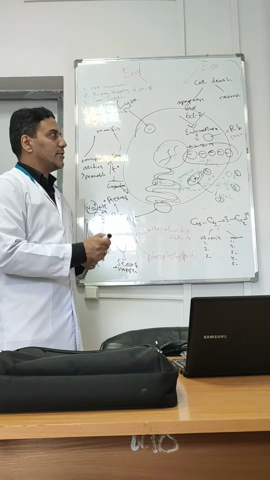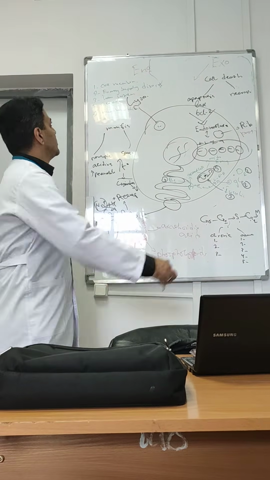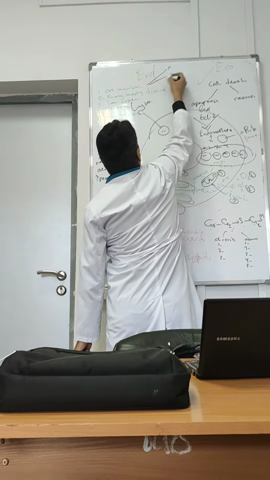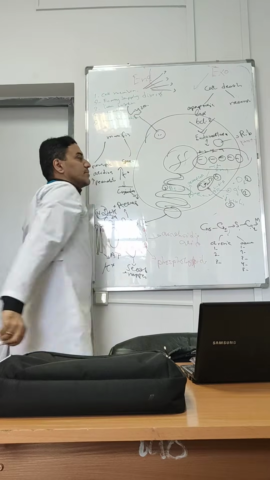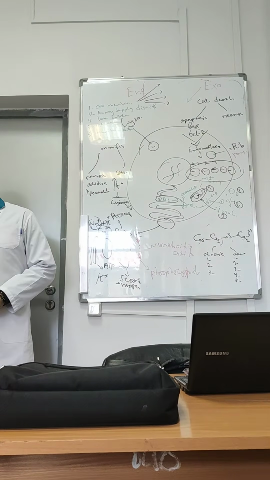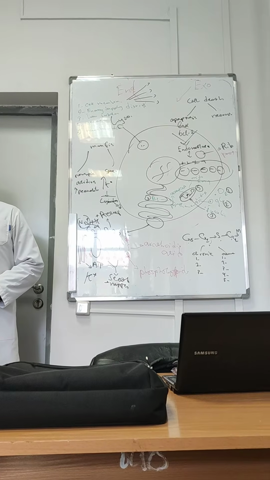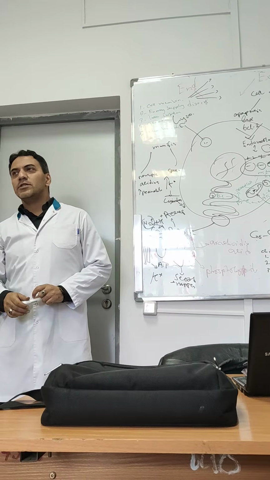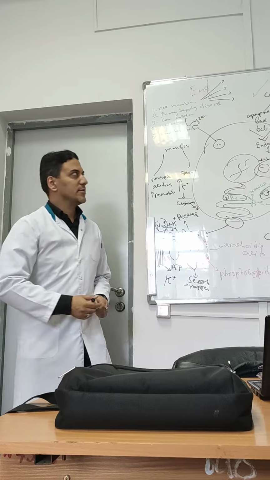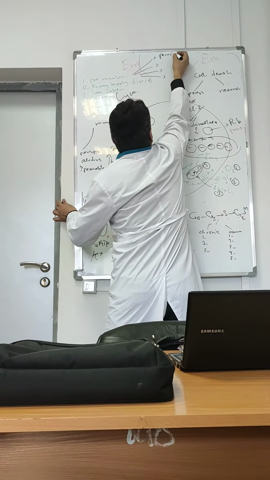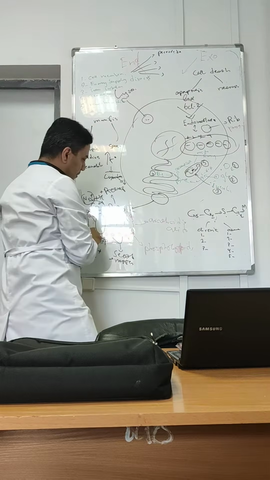So let us discuss. First mechanism is cell membrane damage. We have four mechanisms of cell membrane damage. First one, peroxidation of lipids.